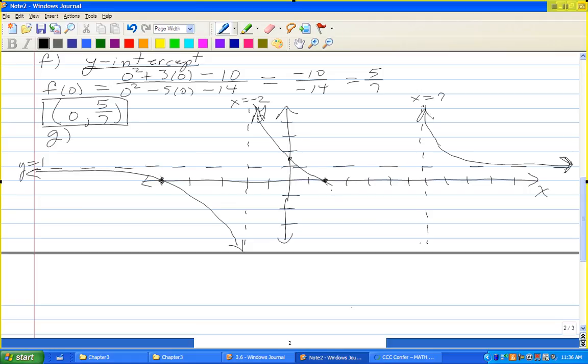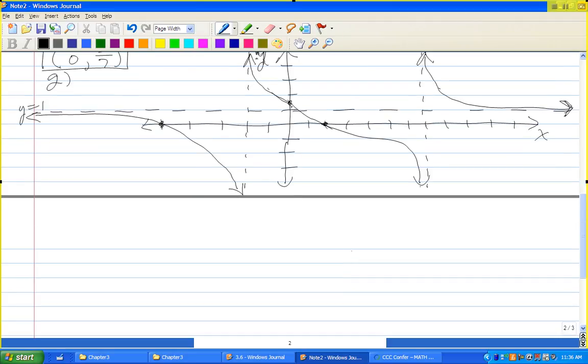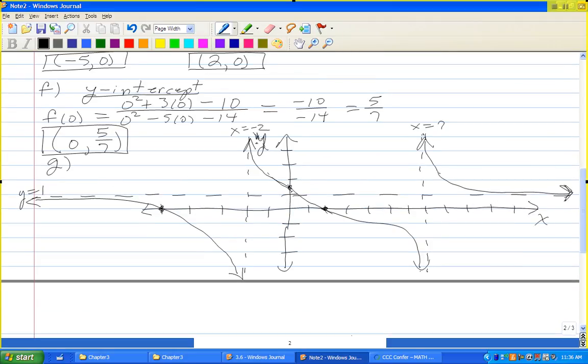So it goes like this. There. That's certainly very exaggerated. I just want to show that it approaches this asymptote. Okay, so more or less it looks like that. I've sort of crunched it in. Obviously, it doesn't go down that fast.